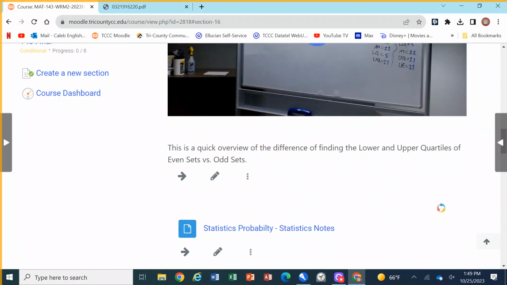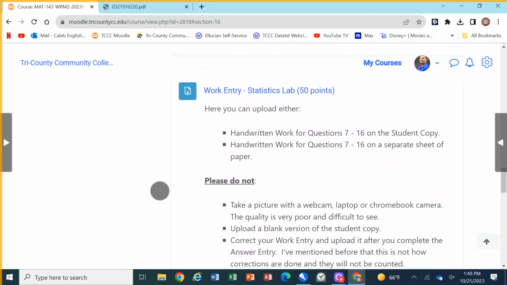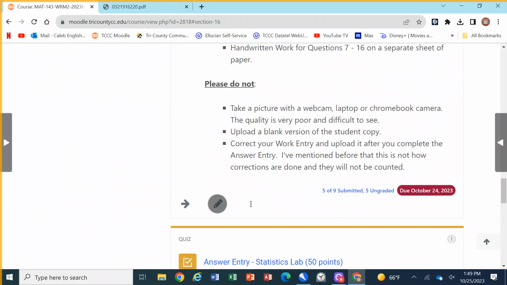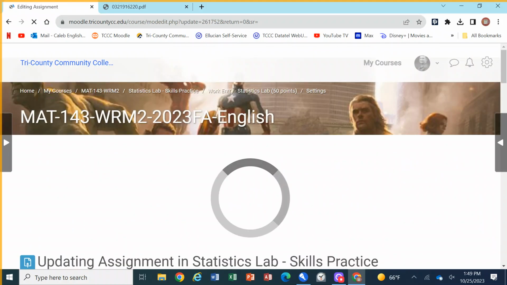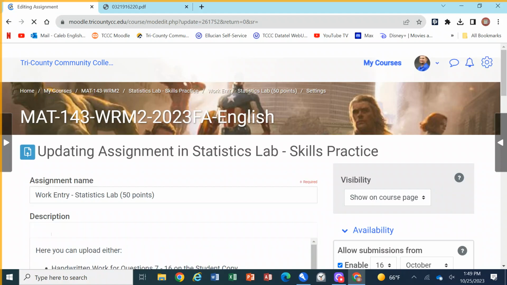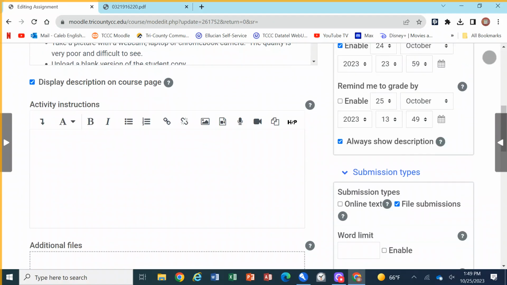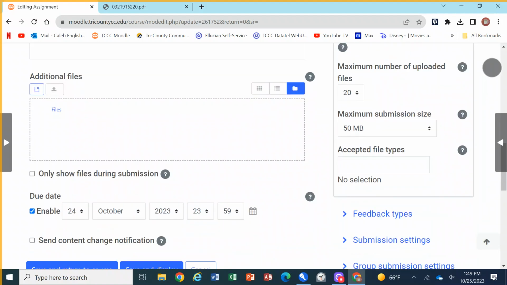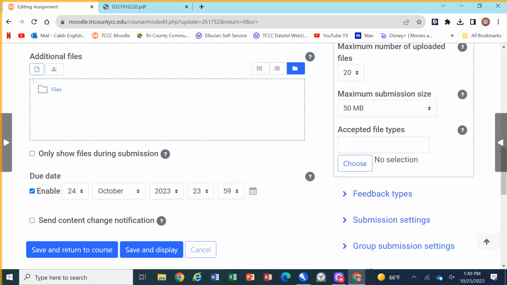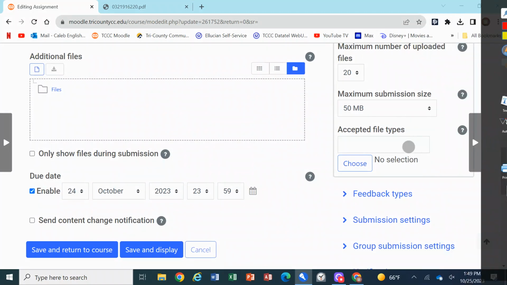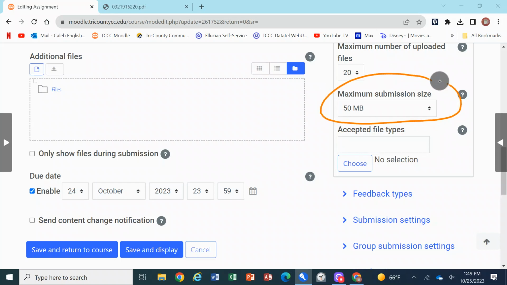All right? So on these work entries, when I set them up, there is a limit to the size of the file that you can attach. Okay? It's only 50 megabytes. It's not a lot. So in that announcement I sent out, I said, if it won't attach, a couple things might have happened.